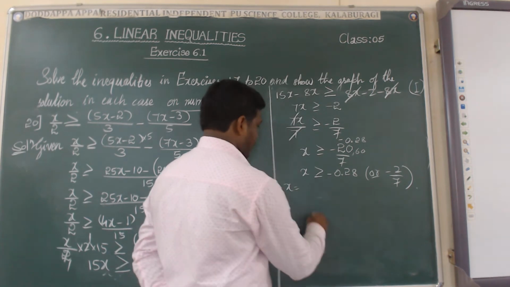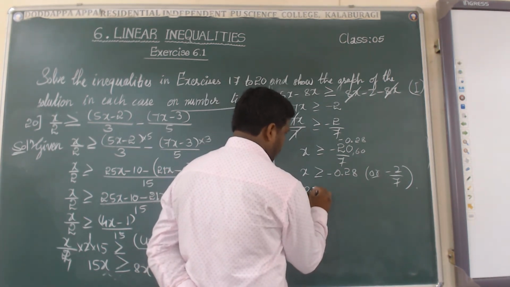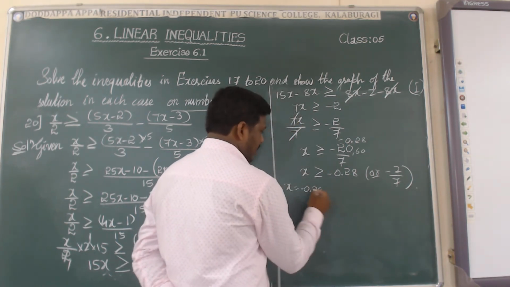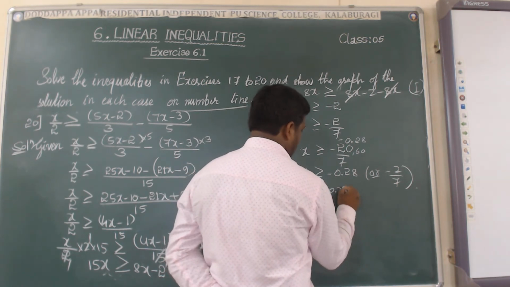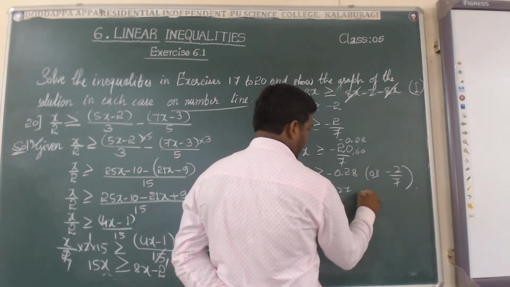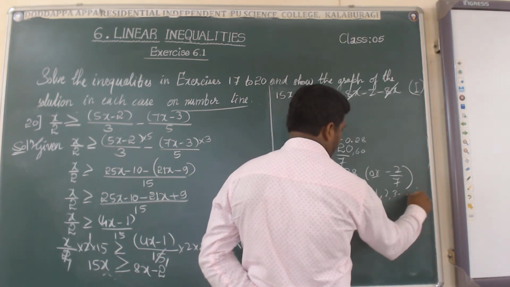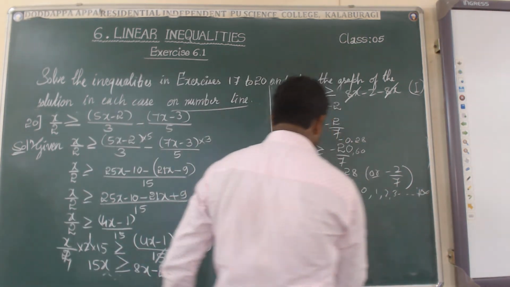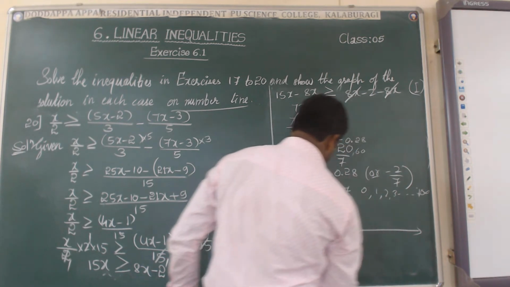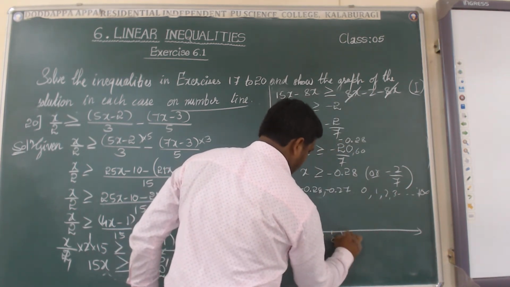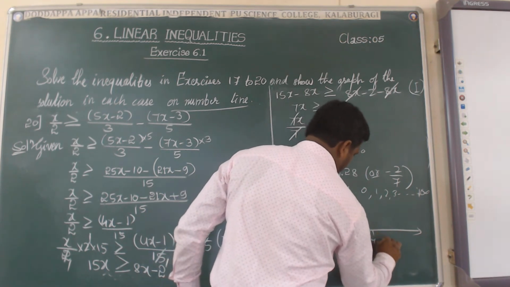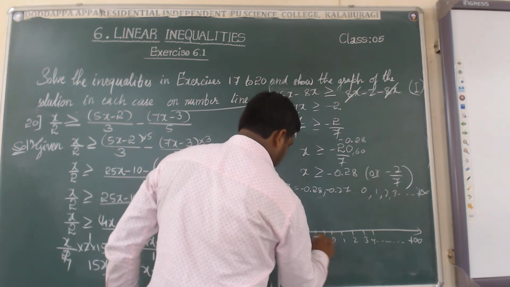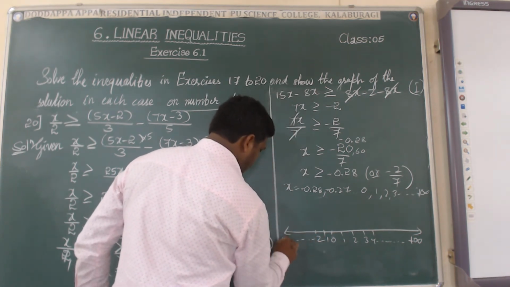First of all, the value of x will be coming minus 2.28, next minus 2.27, and so on, and 0 1 2 3 up to infinity we will be getting. Means the value of x will be coming towards the right side of the number line. So draw the number line here: 0 1 2 3 4 and so on positive infinity, and here minus 1 and minus 2 and so on minus infinity.